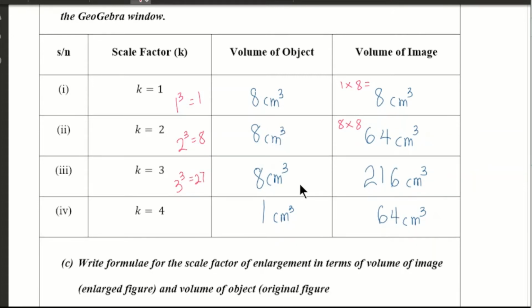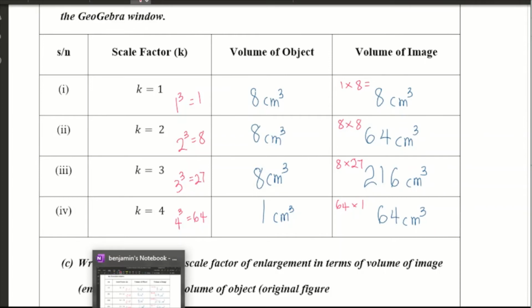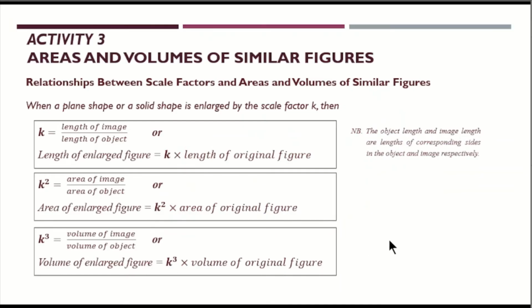If I multiply 8 by 27, I'll get 216. Also, if I have 4 cubed, which is 64, I can multiply the 64 by 1 and I get 64. So that is the relation that connects the volume of the image, the volume of the object, and the scale factor of enlargement.